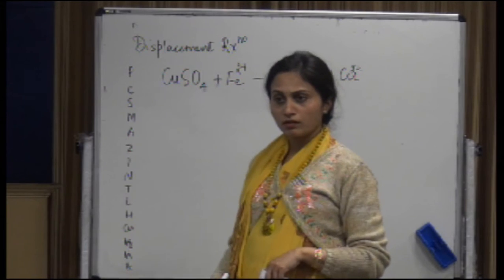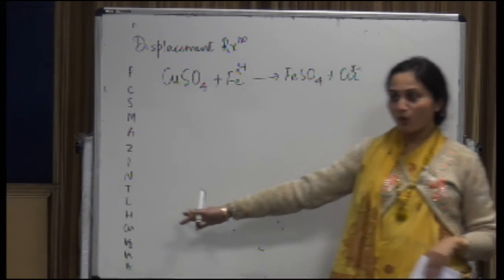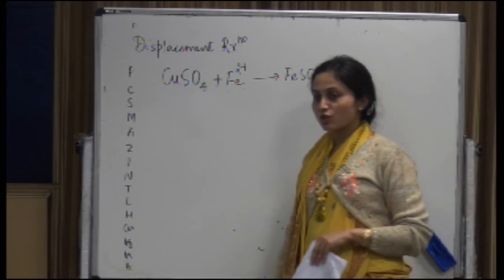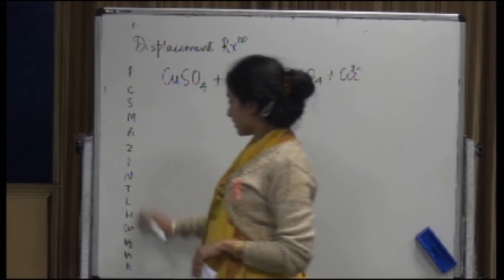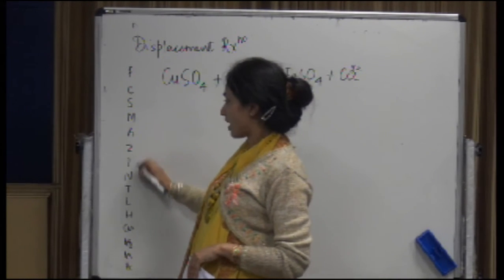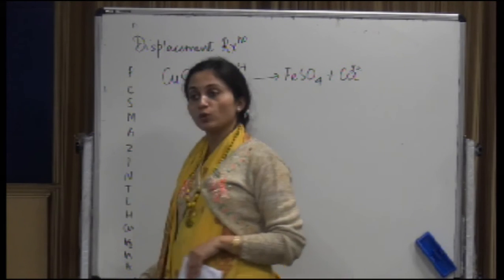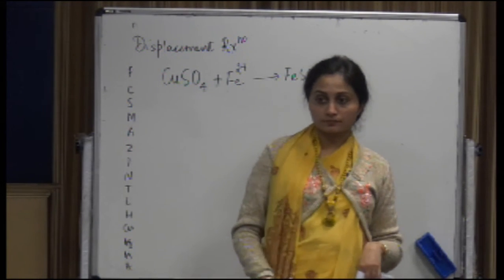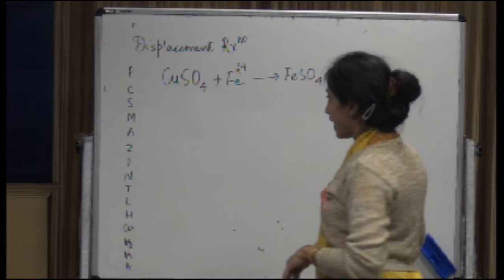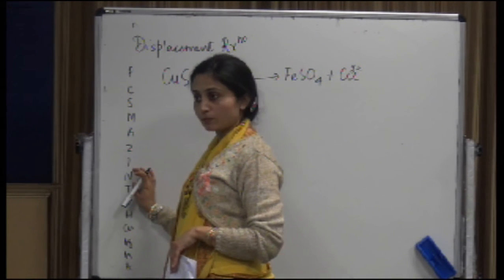Just check it out, it may be wrong from my side. It should be potassium, then you have calcium, sodium, magnesium, aluminium, zinc, iron, nickel, tin, lead, hydrogen, copper, silver, gold, platinum. Right? It should be like that. And any metal which is placed above will replace the metal which is placed below.